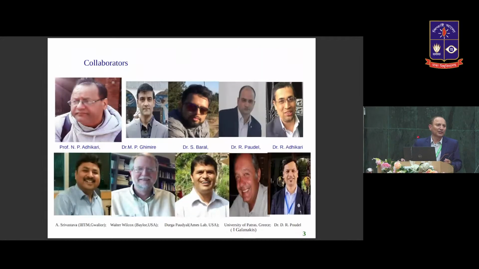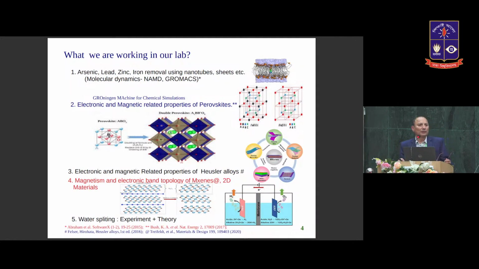Basically, we are doing molecular dynamics work, then ABO3 types of materials and 2D materials, and also magnetism and water splitting, with experimentalists and theorists collaborating. This work is based on these three people, who are my MSc students and collaborators, and they are in other groups.